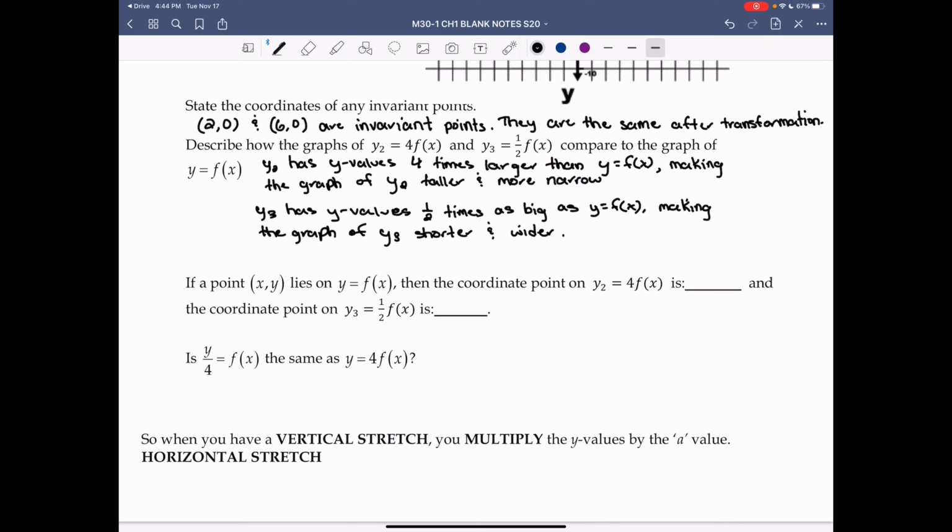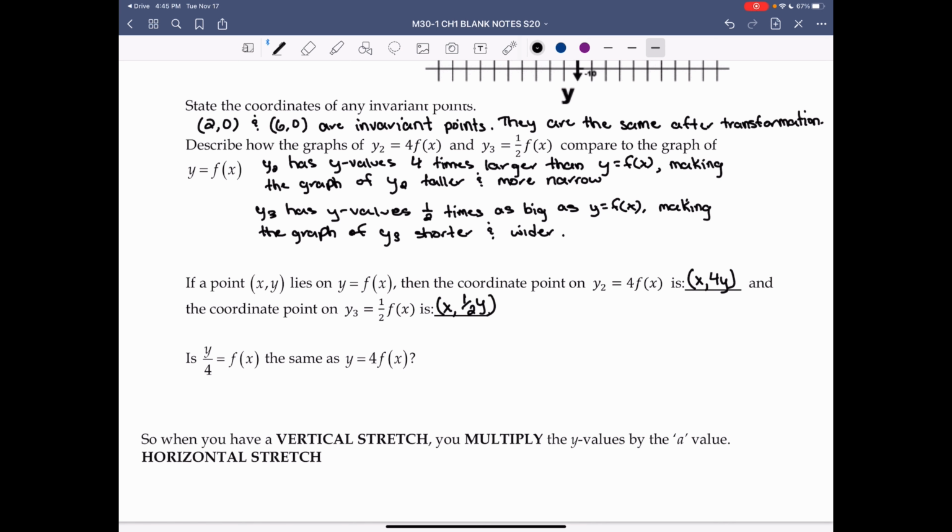If a point (x, y) lies on y equals f of x, then the coordinate point on y2 equals 4 f of x is (x, 4y). And the coordinate on y3 equals 1/2 f of x would be (x, 1/2 y).